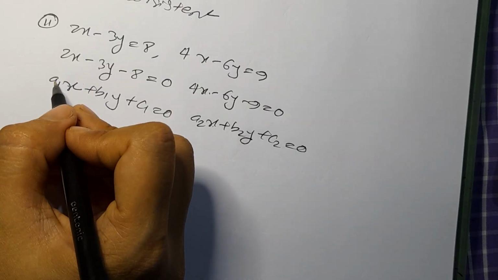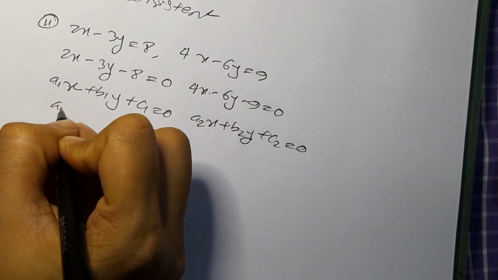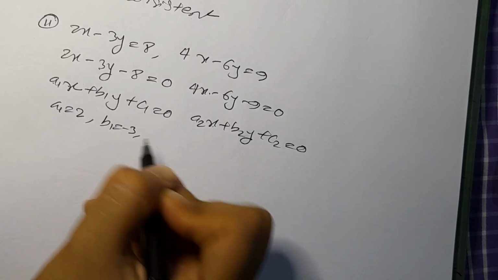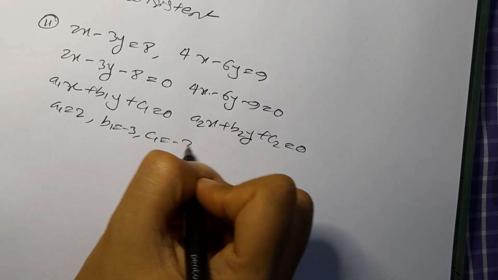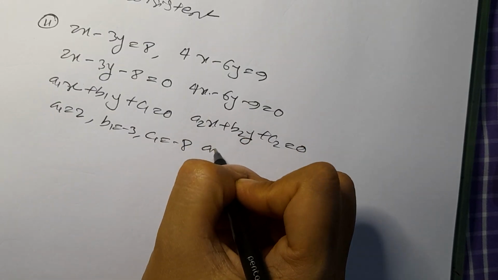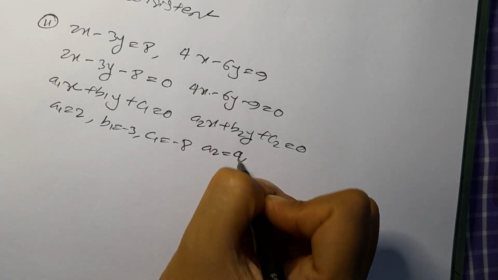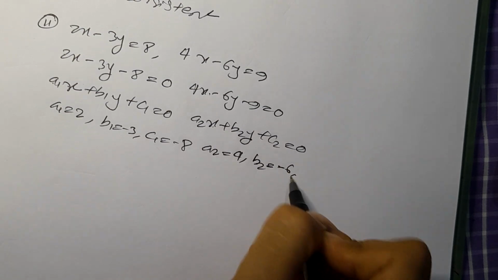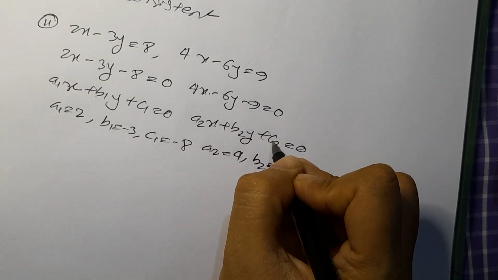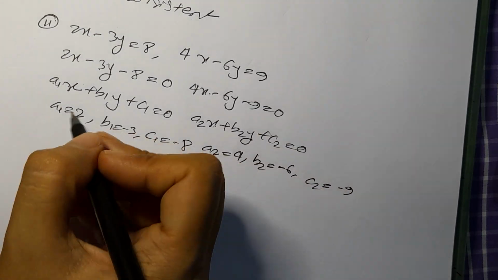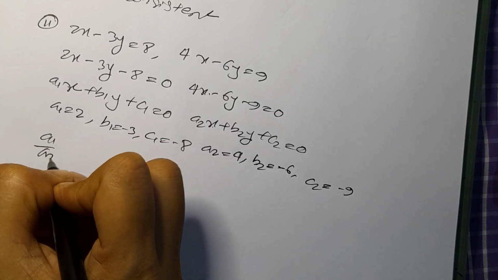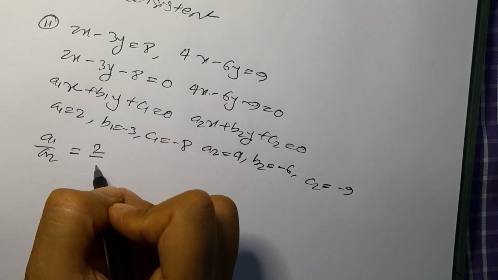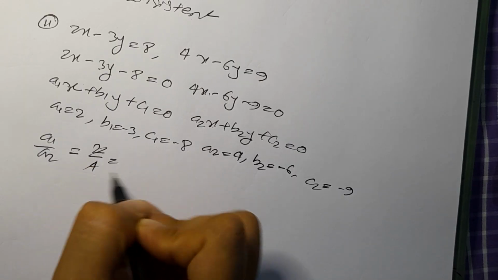Now what is the value of a1? a1 equal to 2, b1 will be minus 3 and c1 will be minus 8. For the second, a2 will be 4, b2 will be minus 6 and c2 will be minus 9. Now for the ratios: a1 by a2 is 2 divided by 4, we can cancel it, so it will be 1 by 2.